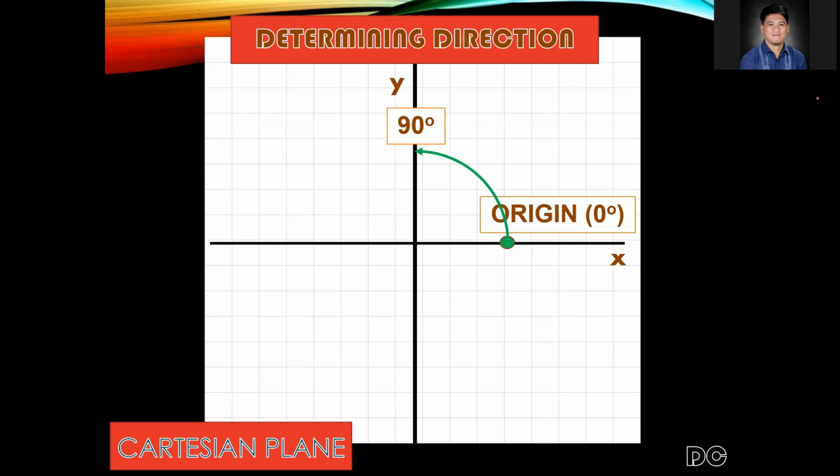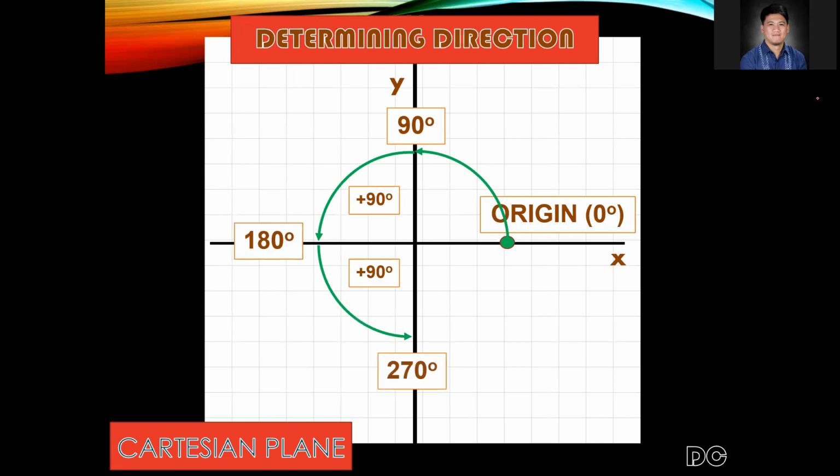The distance from y to x is also 90 degrees, so if we add, it is 180. Another 90 degrees, it is 270. And another 90, it is 360 degrees, which is one rotation from the x-axis back to the x-axis.